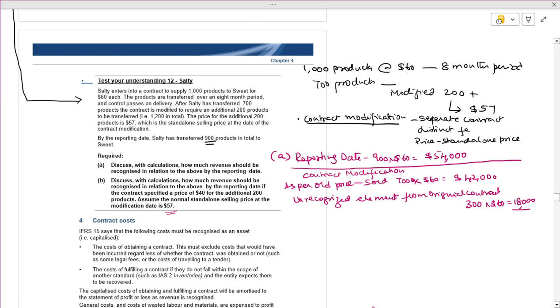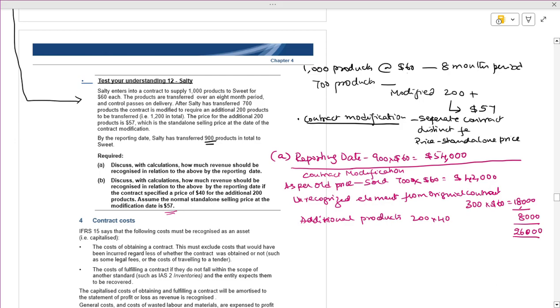For the additional products, 200 times 40 comes to 8,000. Total comes to 26,000.